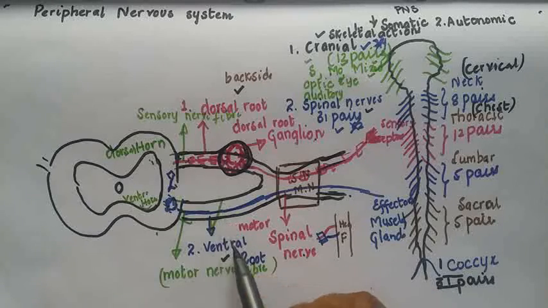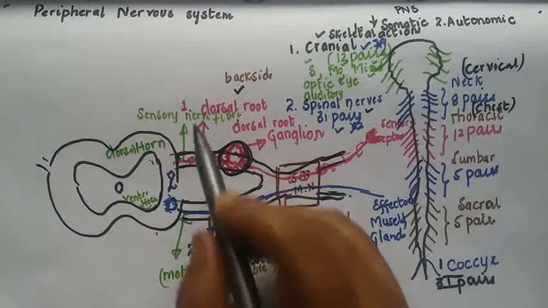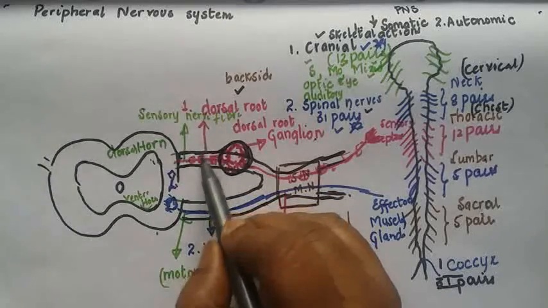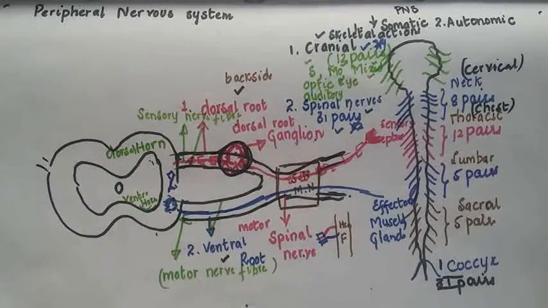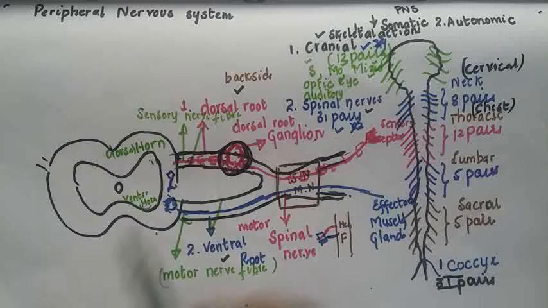The first and the third line represent the ventral root. Again here, the first line followed by the third line represents the dorsal root, and the middle line represents the sensory nerve fiber. So thus you can say that every spinal nerve is a mixed nerve.